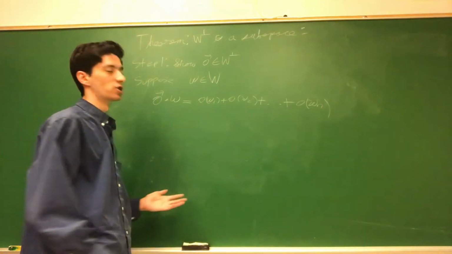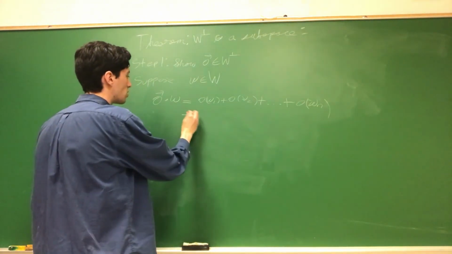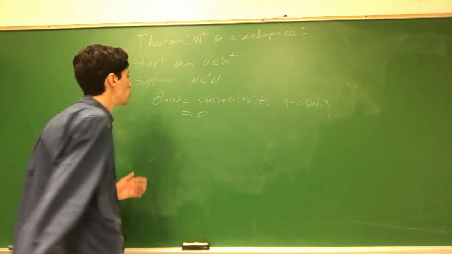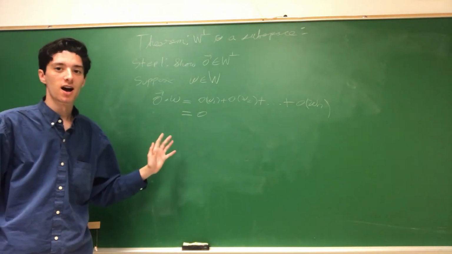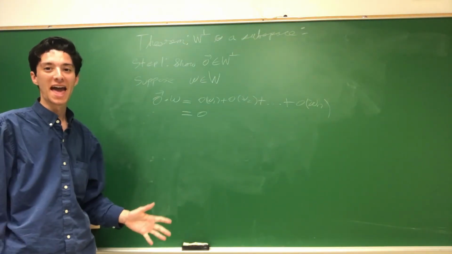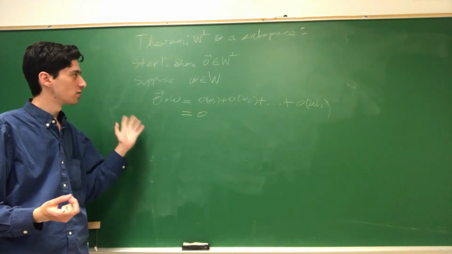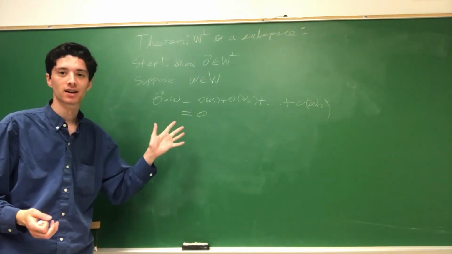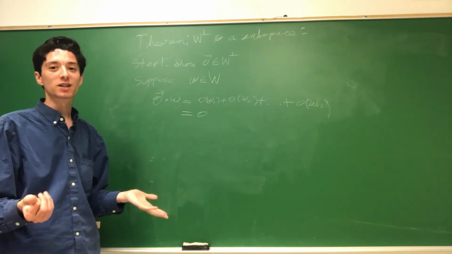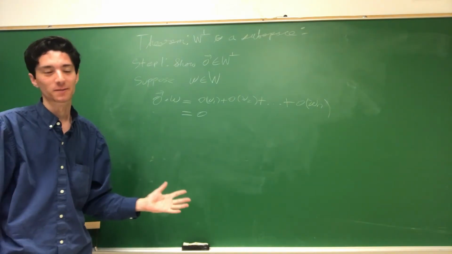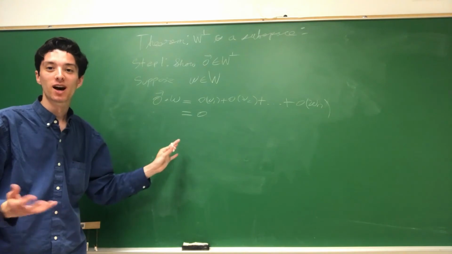And of course, this is just adding up zeros, so this is equal to 0, which means that the 0 vector dot w, any vector in W, is going to equal 0. So 0 is orthogonal to every vector in W. In fact, the 0 vector is orthogonal to every vector. This shows this step of the proof.